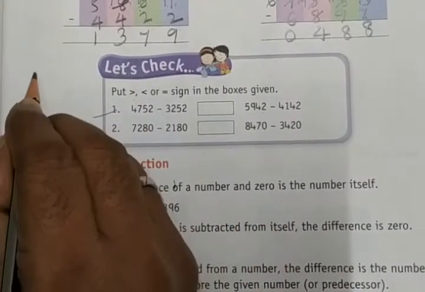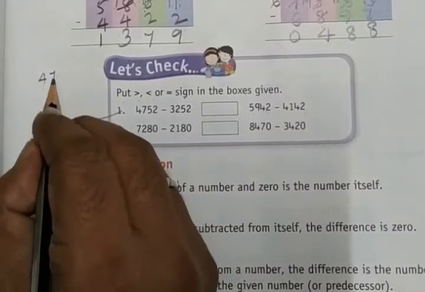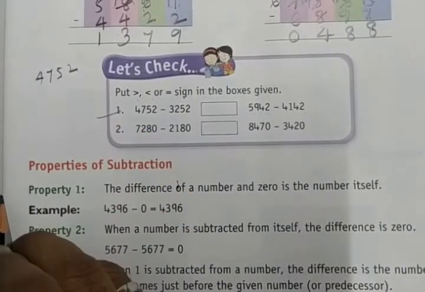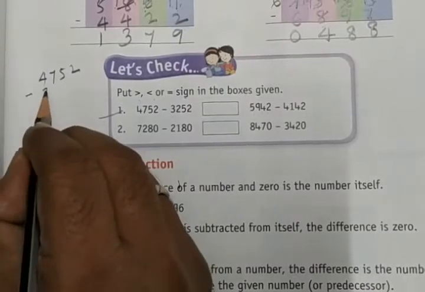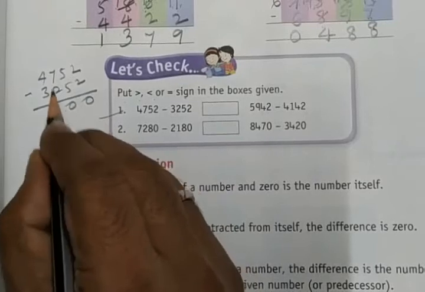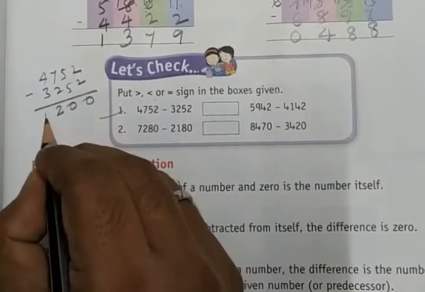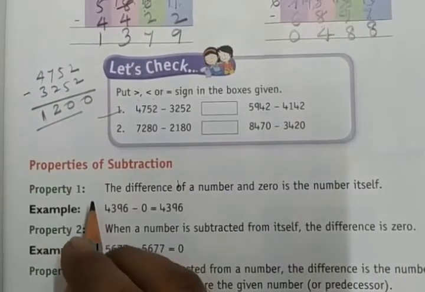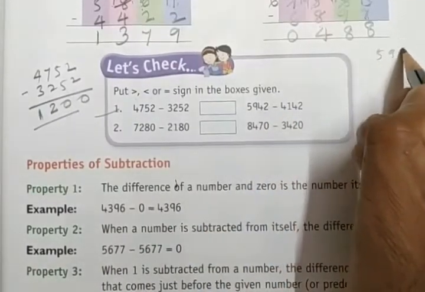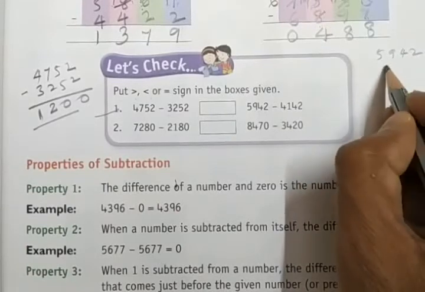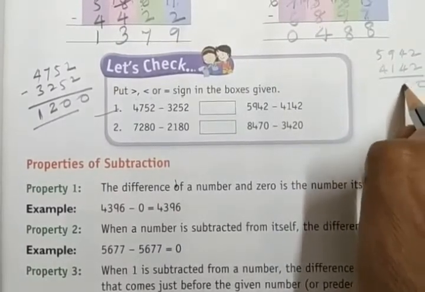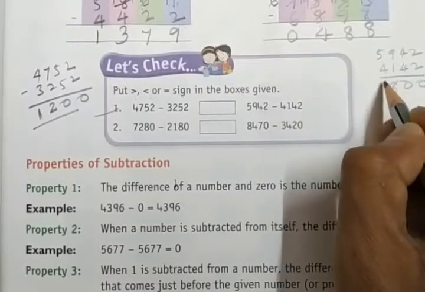Here 4752 minus 3252 gives 1200. And 5942 minus 4114 gives 1828.